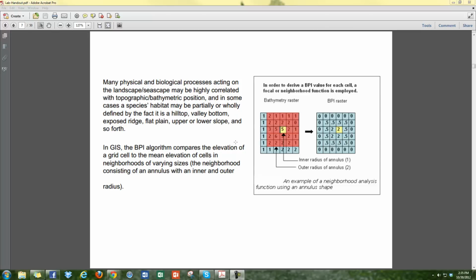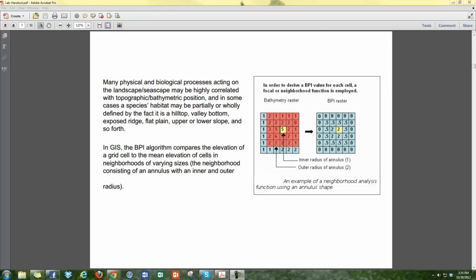You can be on a plateau and it feels like you're on a flat part of the Earth even though you have a high elevation. So with the bathymetry position index, we look at each individual cell and relate it to its surroundings and give it an index saying how much higher it is compared to its neighborhood.